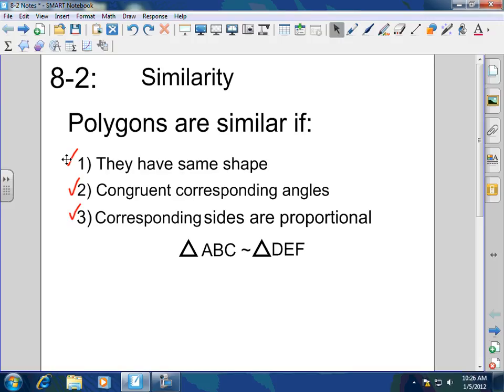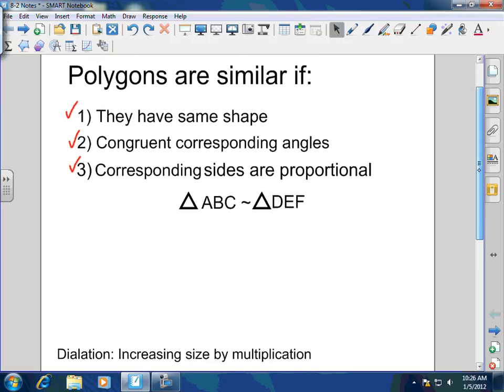So to illustrate that, let's take a look at the following. We got triangle ABC. Triangle ABC is right there for you. It's an 8, 10, 12 triangle. It is similar to triangle DEF.